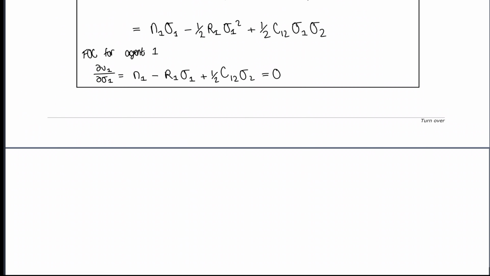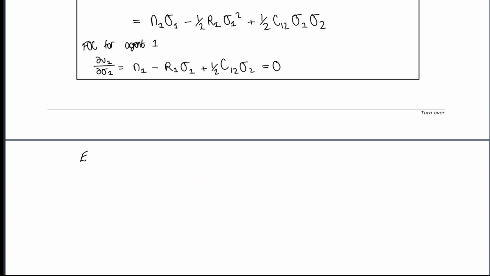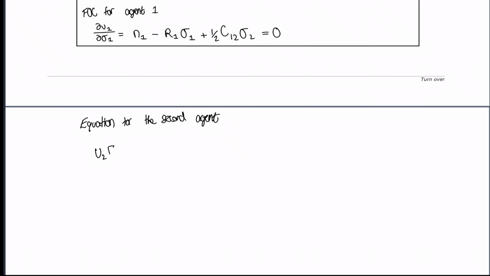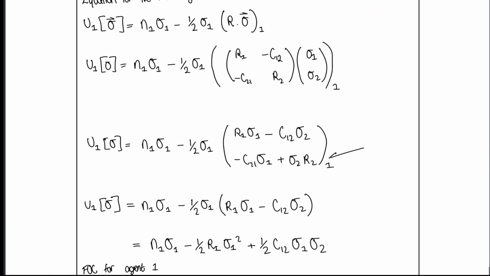Doing the exact same thing for the second agent, finding the equation for the second agent, we will get U2 of the vector sigma is equal to eta 2 sigma 2 minus a half sigma 2 (R multiplied by the vector sigma)_2. So this time we want this second row for the second agent.